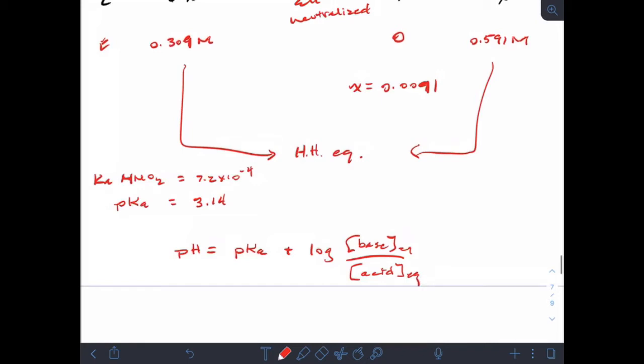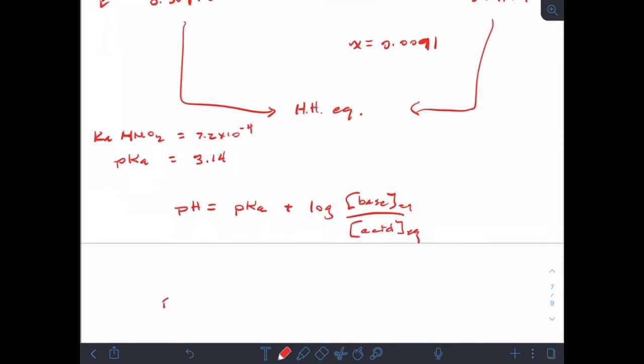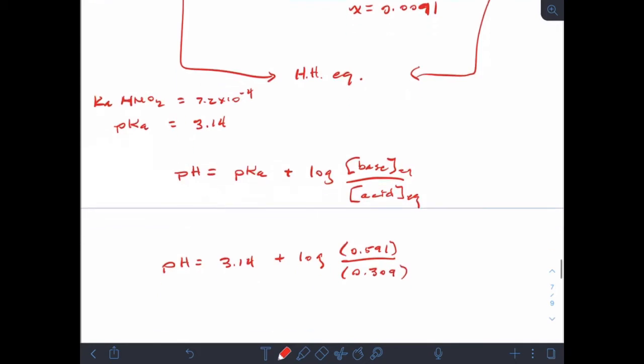So pH equals 3.14 plus the log of my base, which is 0.591, over my acid, which was 0.309, equals 3.42.